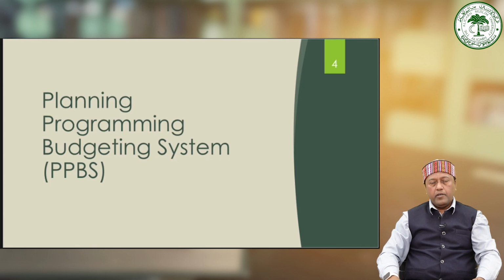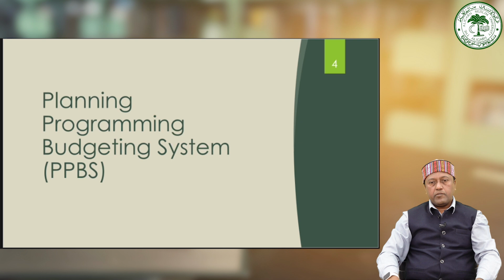Then coming to the new system, that is the planning, programming, budgeting system. This is again a quite old system, but more scientific. It was first introduced in the United States Department of Defense in 1961 by Robert McNamara, who served as Secretary of Defense.